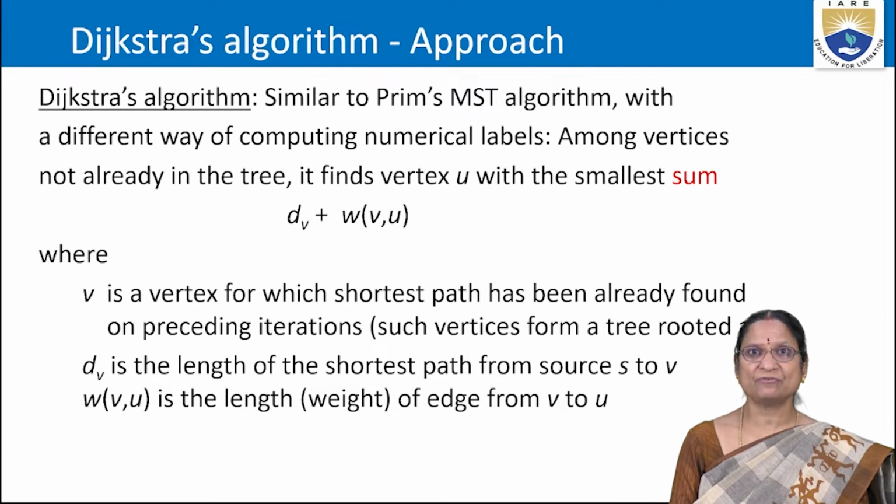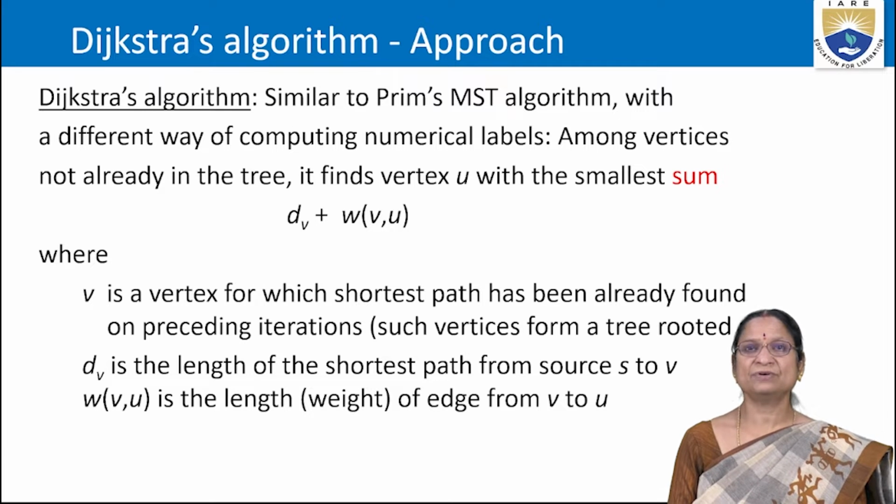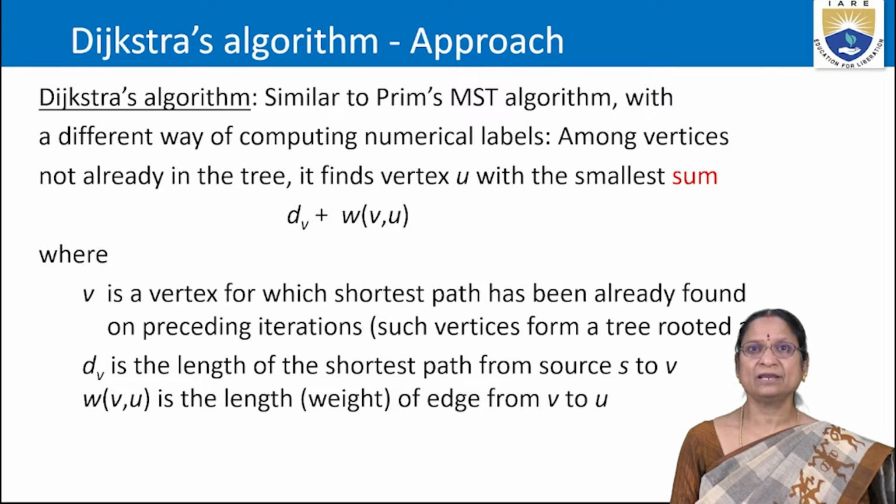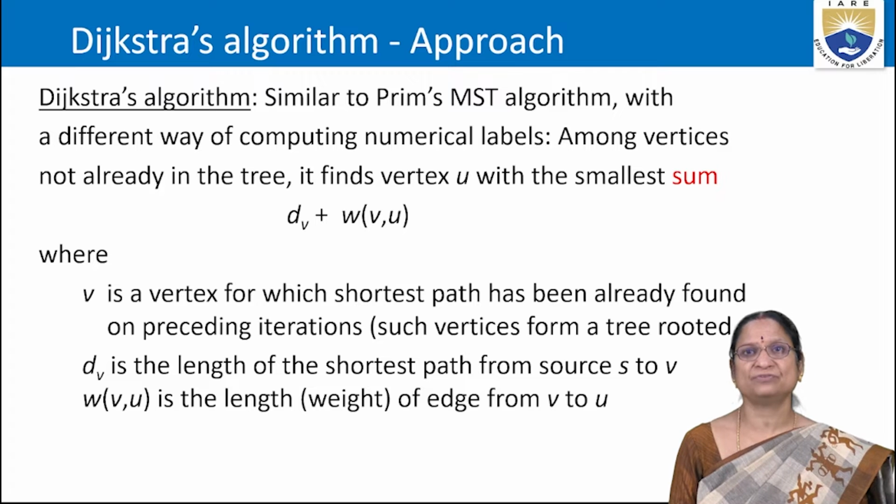So how does Dijkstra's approach work? It is similar to Prim's algorithm for constructing the minimum cost spanning tree, which was discussed in previous sessions, but with modifications; the approach is different in computing the numerical labels.